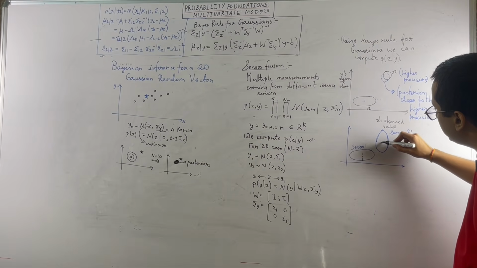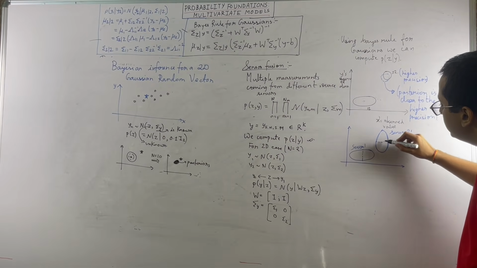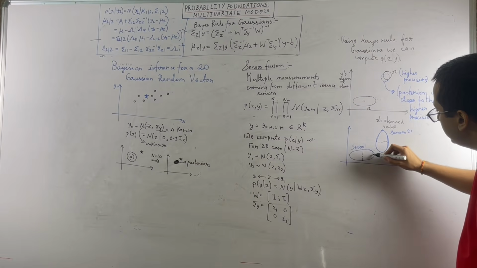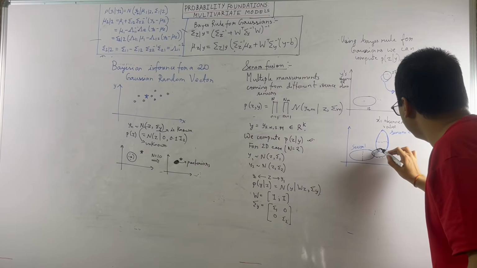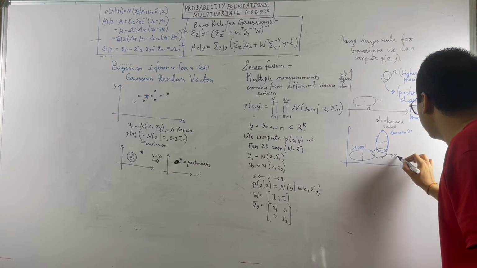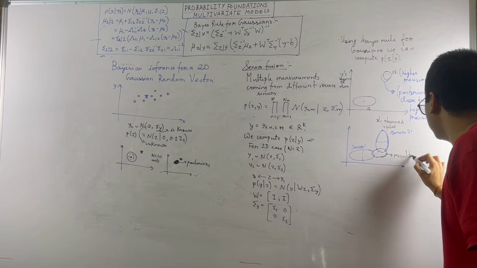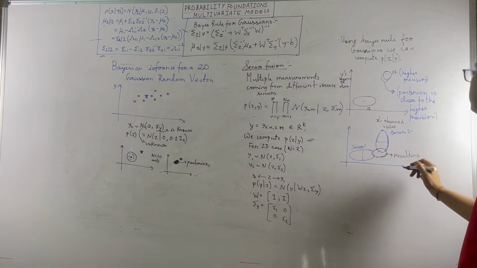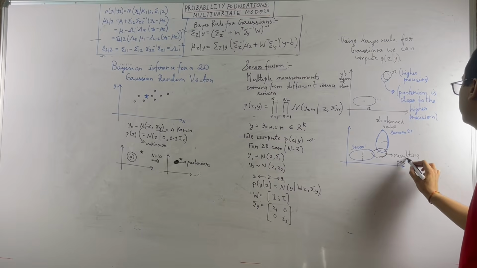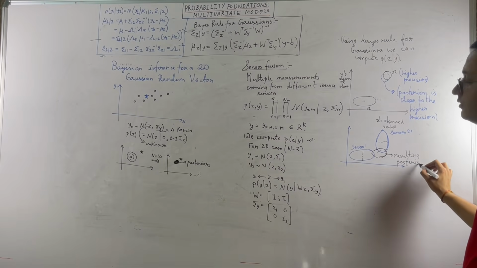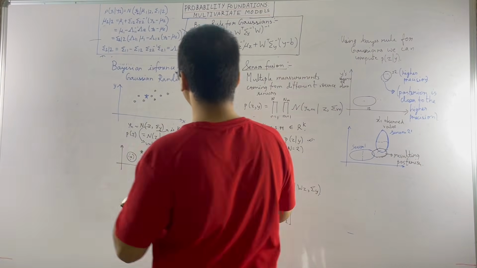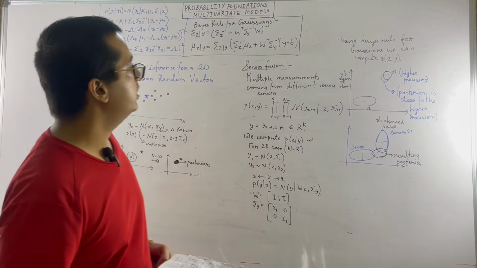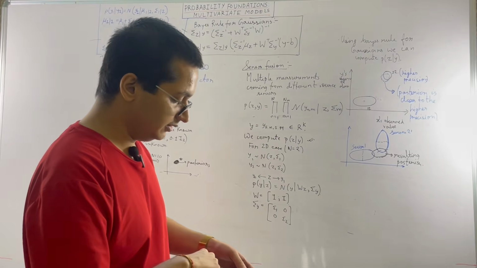And it will take sensor 2's higher precision direction, which is the horizontal direction, right? So the resulting posterior distribution will somewhat resemble this. Okay, all right. So this is basically the Bayesian inference for a 2D Gaussian random vector, right?